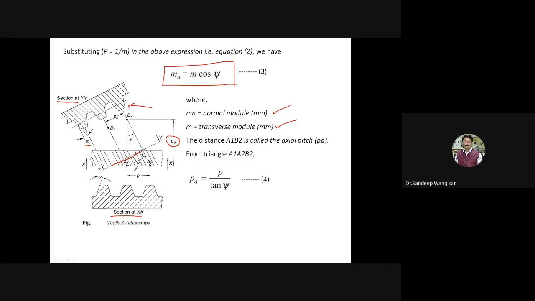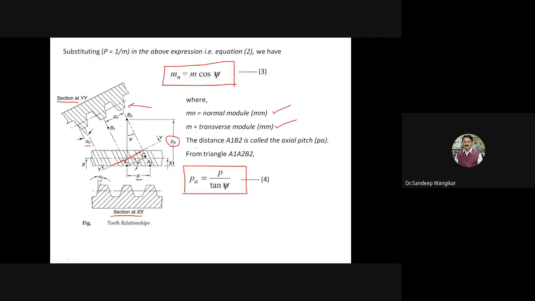This is the opposite side p, and this is pa. So pa is equal to p divided by tan of psi. This expression is obtained by considering the trigonometric conditions for the triangle. Tan of psi, this angle, is equal to p divided by pa. Therefore, pa is equal to p divided by tan of psi. We will use all these relations while solving the numericals.